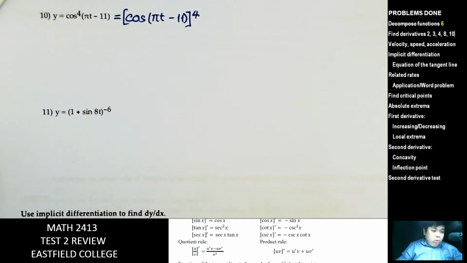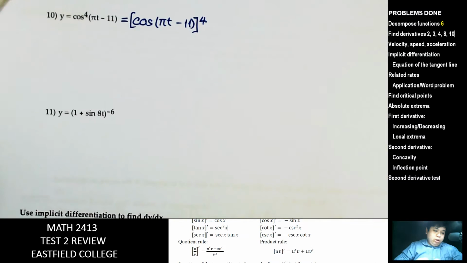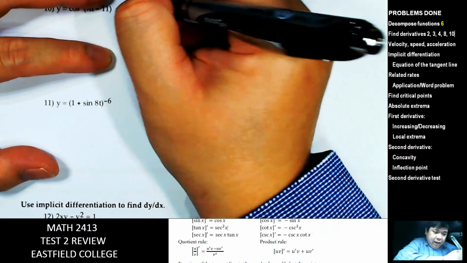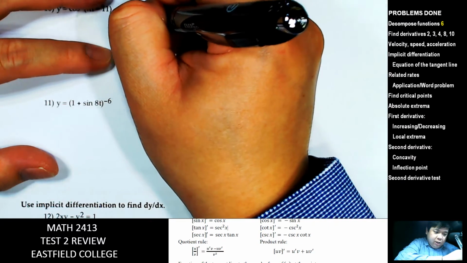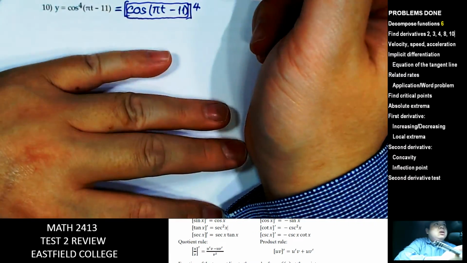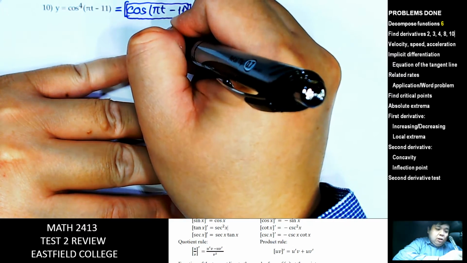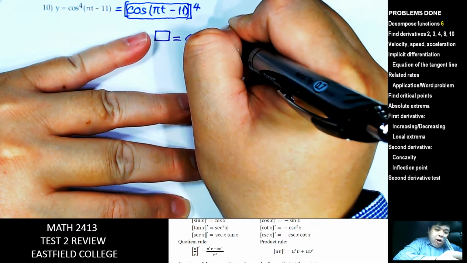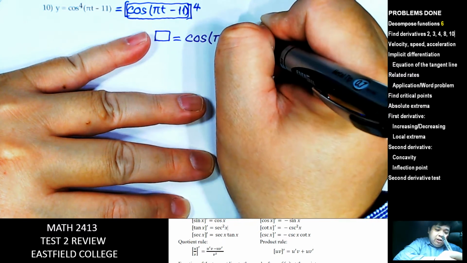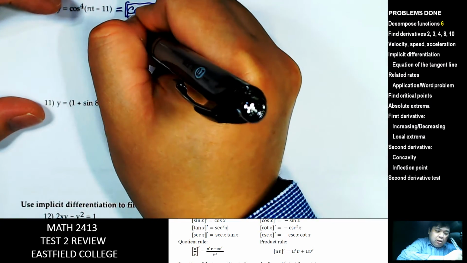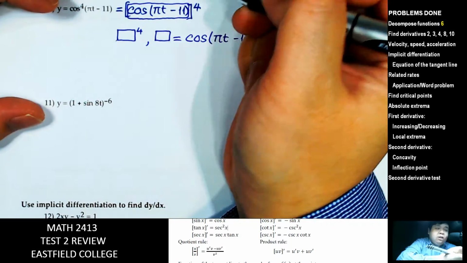Right. Now with that, we will decompose the function. So first, I will put the whole thing here inside a box. So we have the box equal to cosine of pi t minus 11, and then in front of that we have the box to the 4th power.